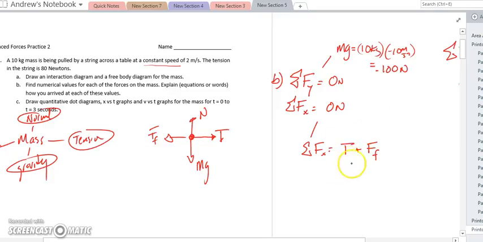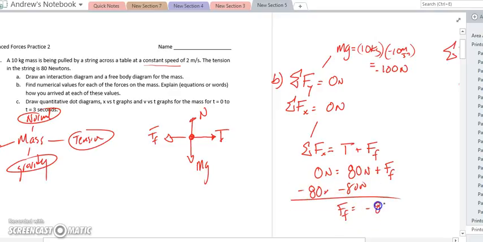But since it's a constant velocity, it's irrelevant. So we end up with 0 newtons equals 80 newtons of pull plus the force of friction. I'm going to subtract 80 from both sides, and so the force of friction is equal to negative 80 newtons.